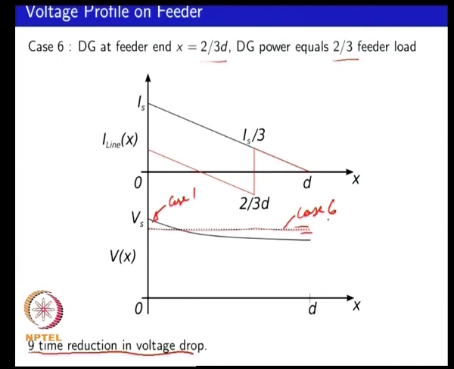There is a possibility of over voltage or under voltage in different locations, and by appropriately siting your DG units, it is also possible to get a flatter profile all along the feeder. Okay.